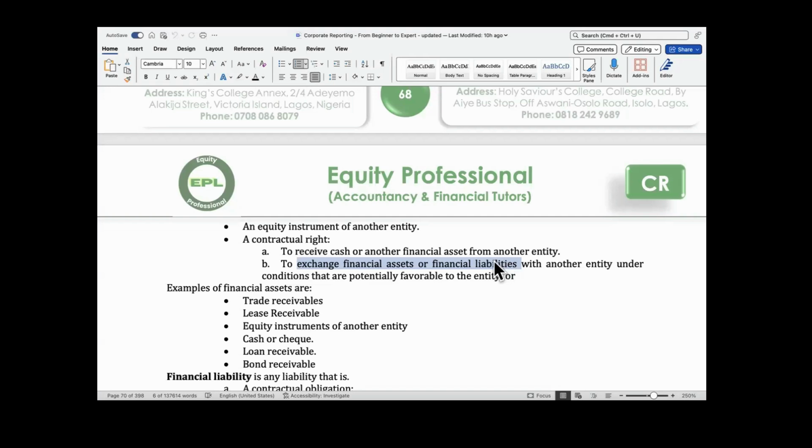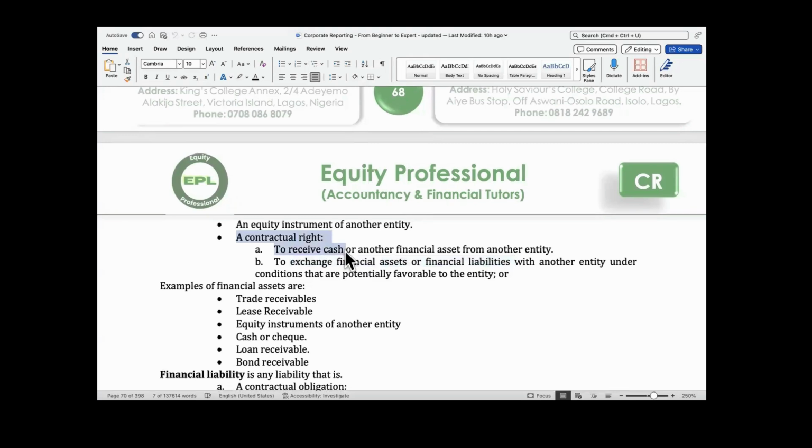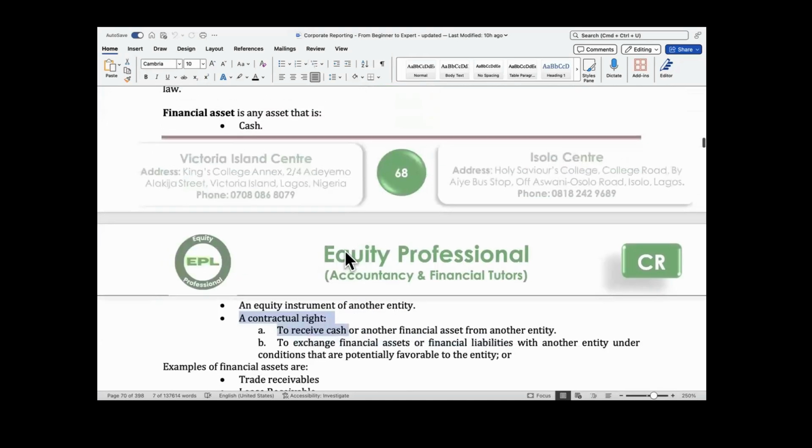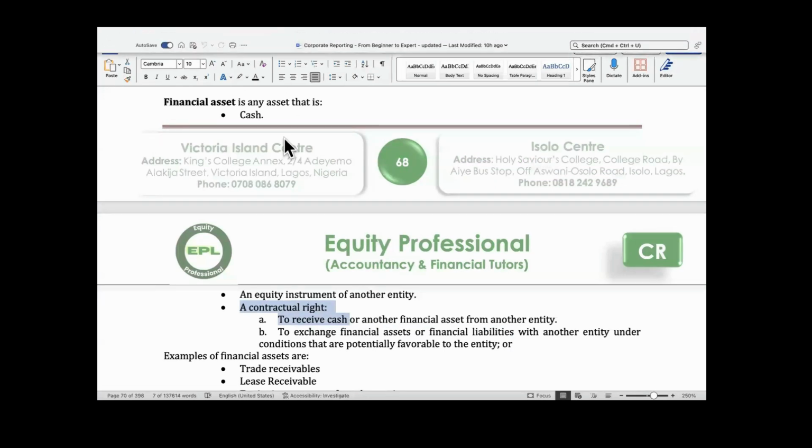You see, the one I'm concerned about is understanding this contractual right to receive cash. That's the basic one. For my explanation here, you need to know perfectly well that a financial asset is three things.